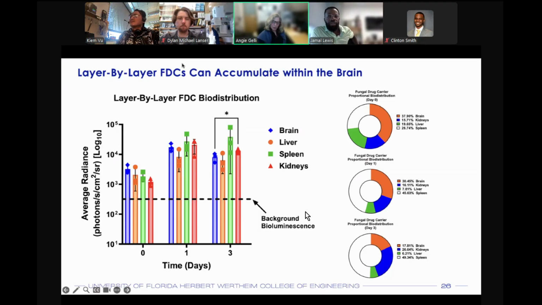Certainly we know that transcellular contributes, that's for sure. Whether it's more Trojan horse or not, I think that's debatable. I don't think that's been clearly worked out.